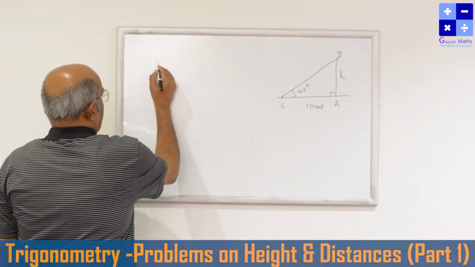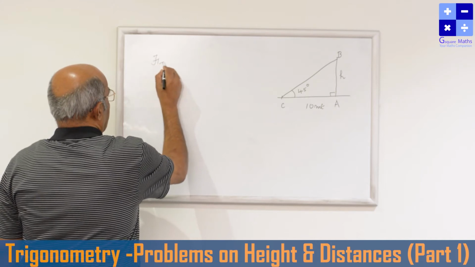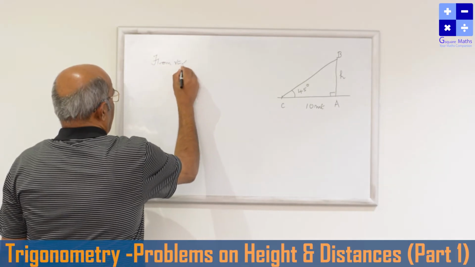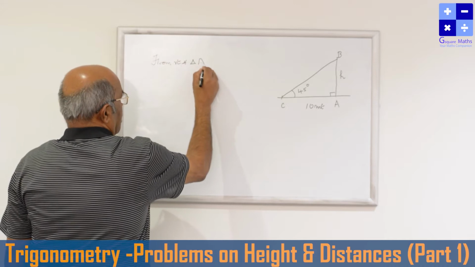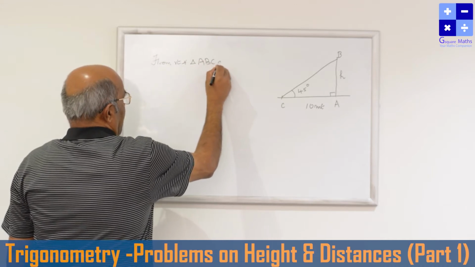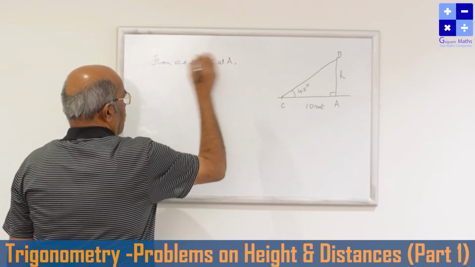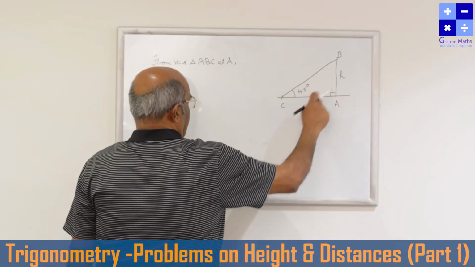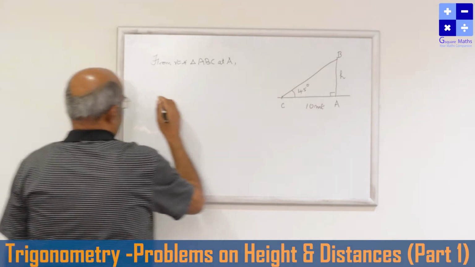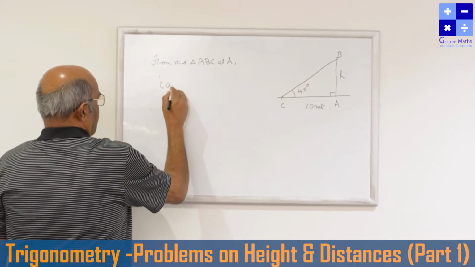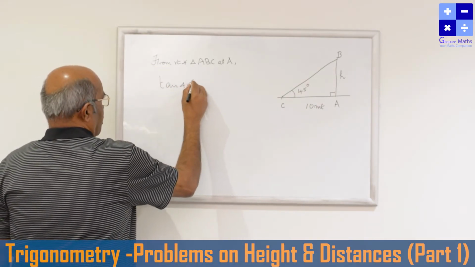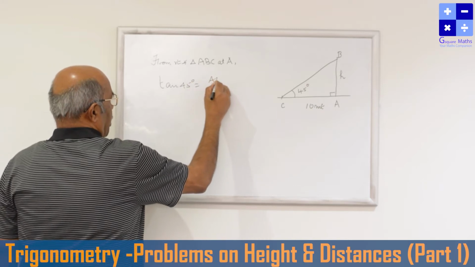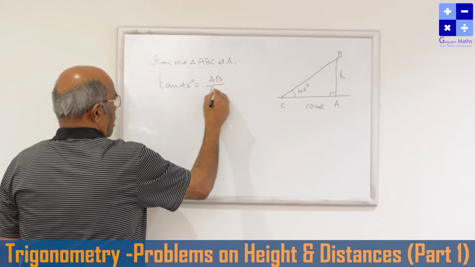We know that from right angle triangle ABC, right angled at A, the ratio connecting these sides is tan 45. So tan 45 is equal to AB by AC.